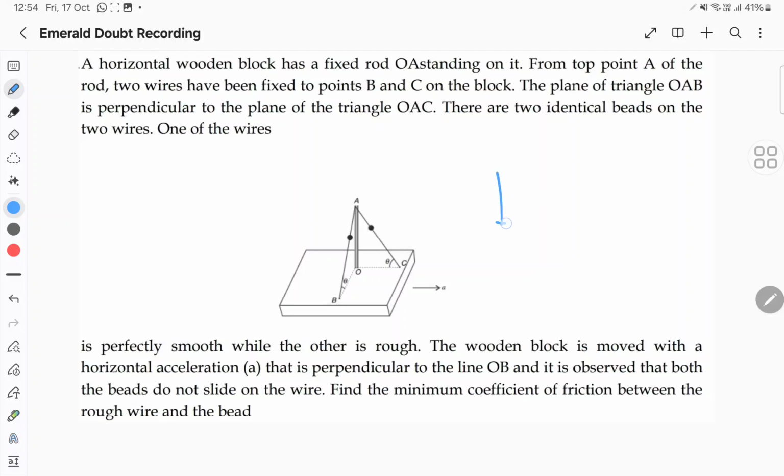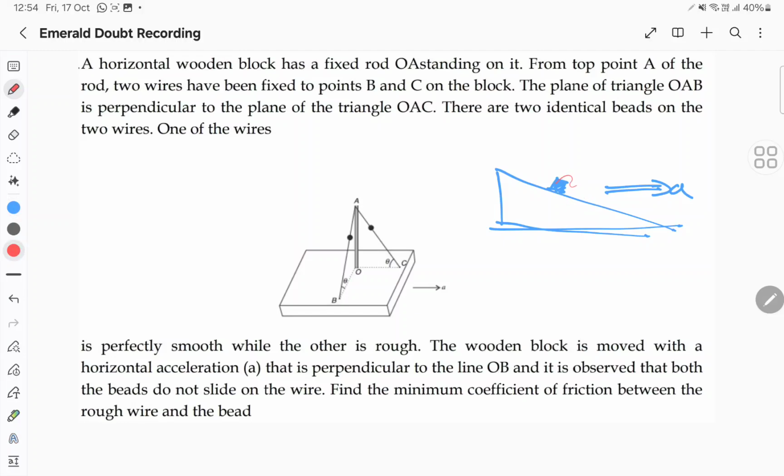We have done a lot of questions where you have an inclined plane going with acceleration a, and a block on the inclined plane where there is no friction at all, and it doesn't slide down.